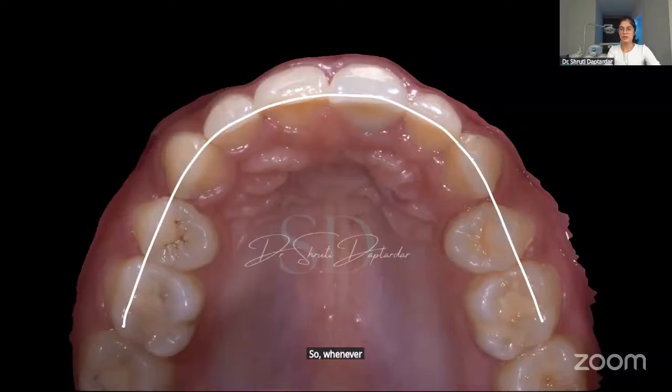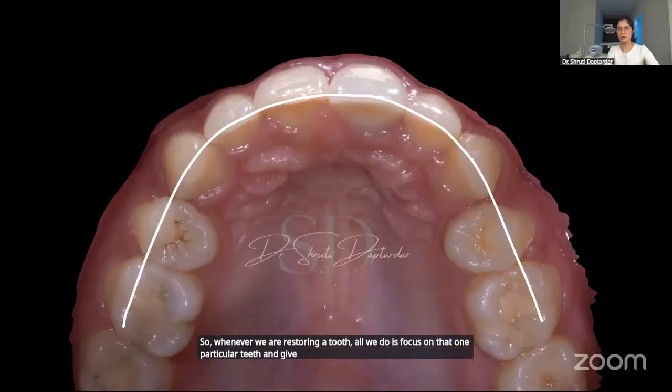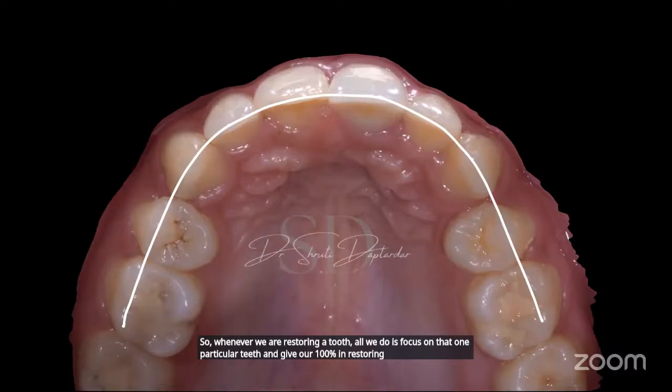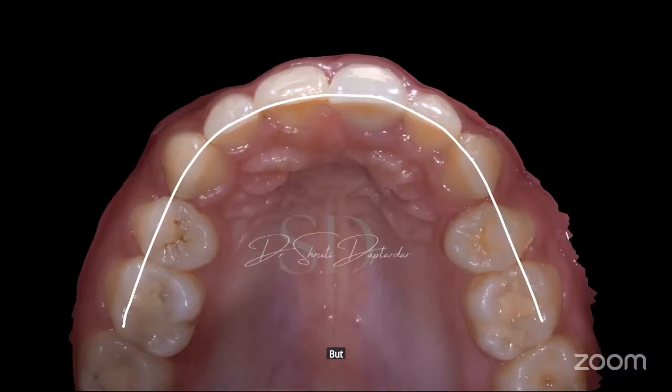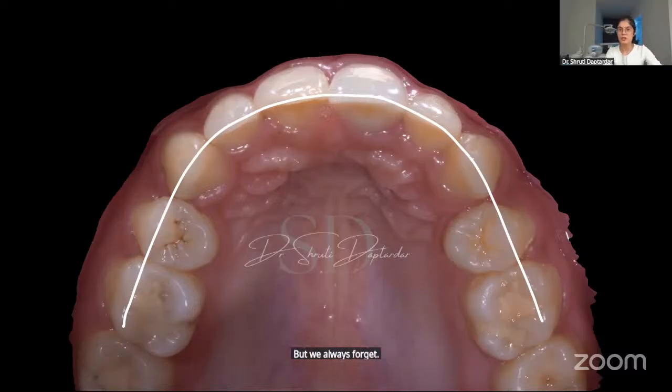So whenever we are restoring a tooth, all we do is focus on that one particular tooth and give our 100% in restoring that tooth. But we always forget that how long this restoration will last is all dependent on how well your patient's occlusion is. So there are a couple of points that you need to keep in mind.